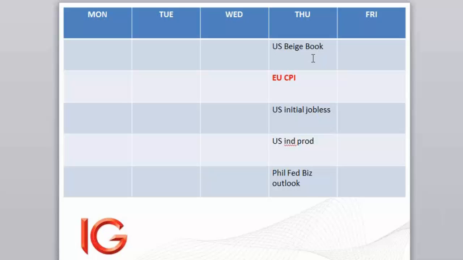And tomorrow's Eurozone final CPI. Of course, the euro's been on a bit of a downtrend against the dollar. So tomorrow's consensus forecast, we're expecting a rise of 0.3%. And of course, the ECB's medium-term target is just slightly under 2%.